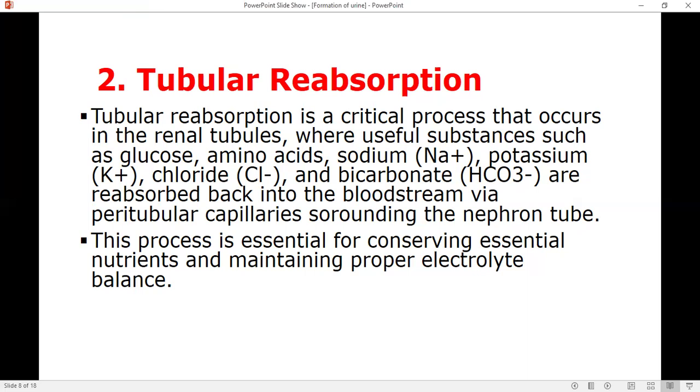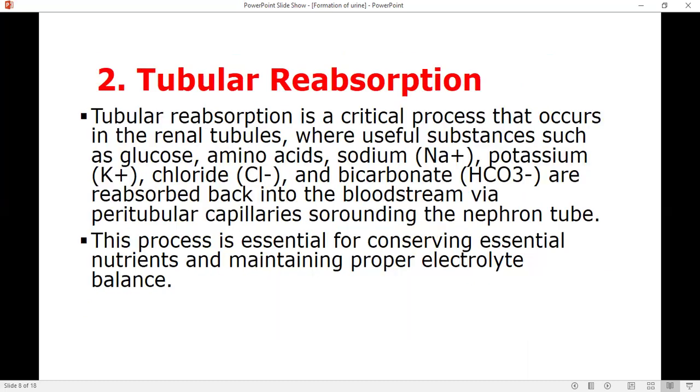So they are supposed to be absorbed back into the bloodstream via the peritubular capillaries surrounding the nephron tube, the ones I've been mentioning for the past days. This process is essential for conserving essential nutrients and maintaining proper electrolyte balance.